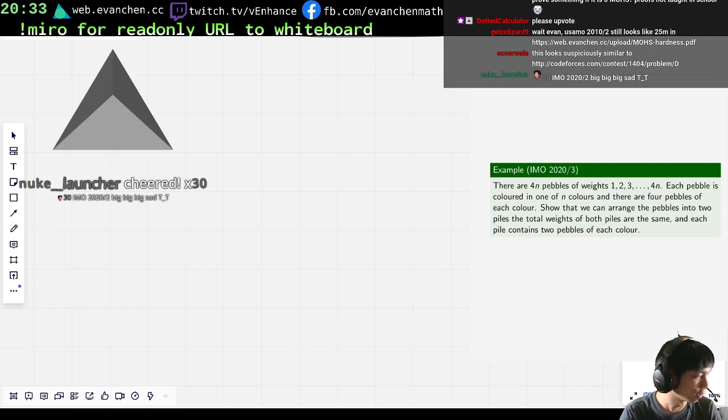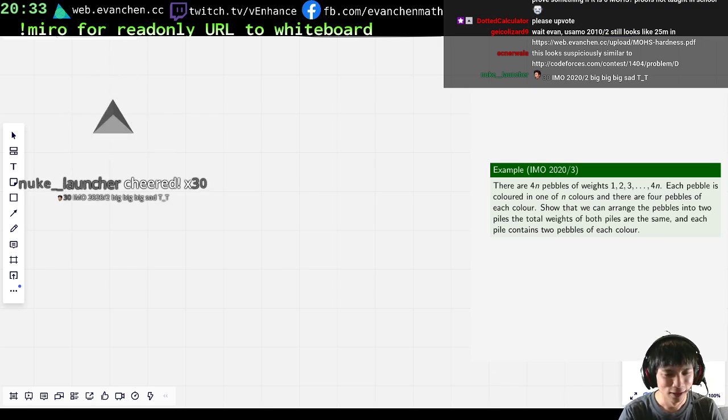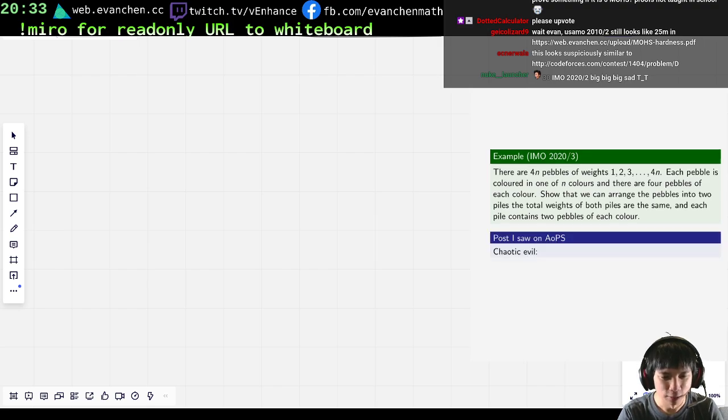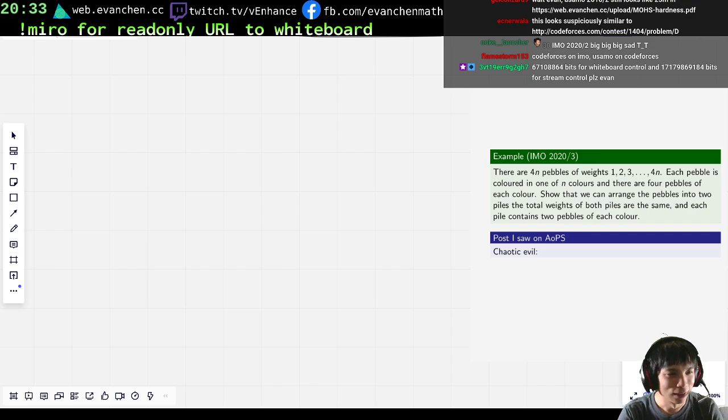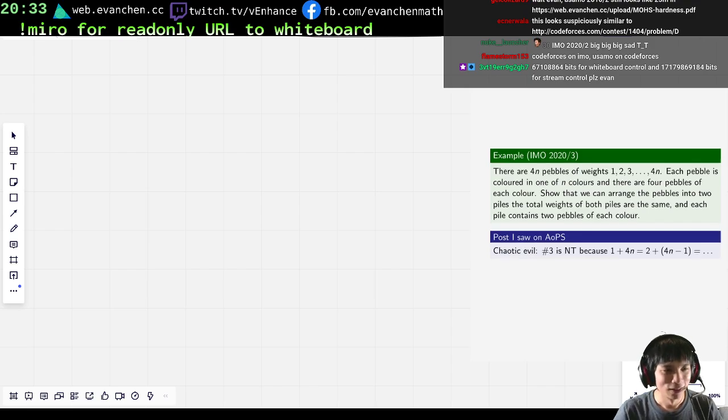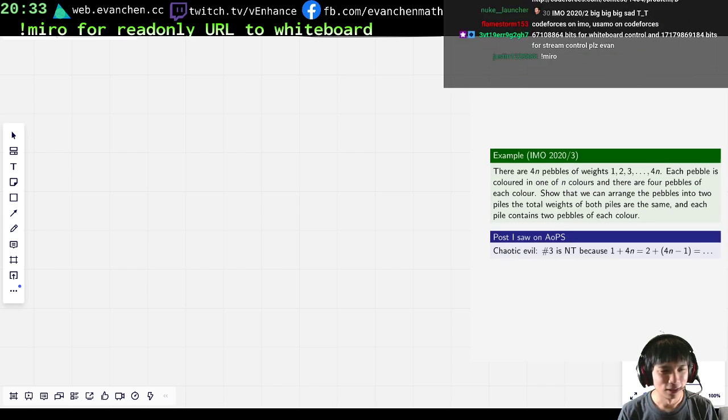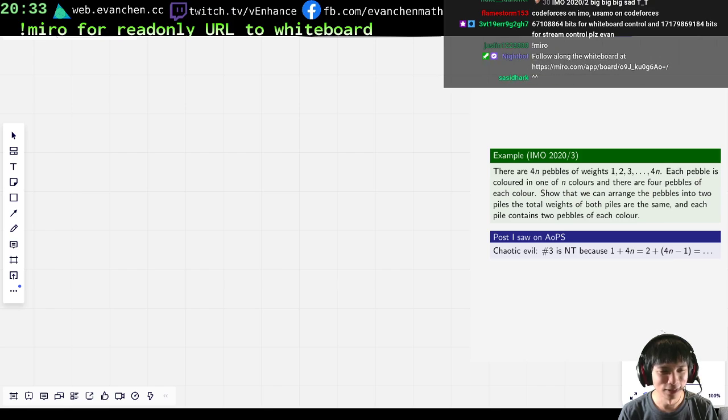Thanks, Nuke Launcher, for the 30-bit cheer. And the post said, chaotic evil. Number 3 is NT because 1 plus 4n equals 2 plus 4n minus 1 equals so on. And I was like, oh, are you serious?